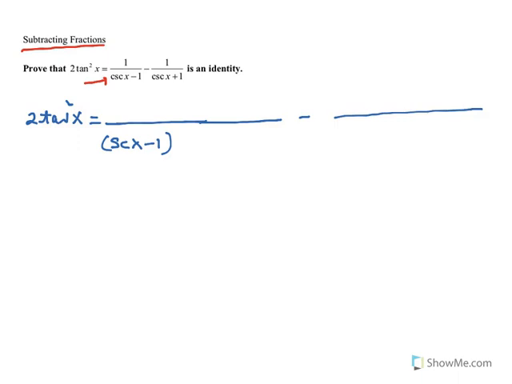And then the other fraction needs to have that same factor, cosecant of x minus 1. And it also needs to have a factor of cosecant of x plus 1. So cosecant of x plus 1.